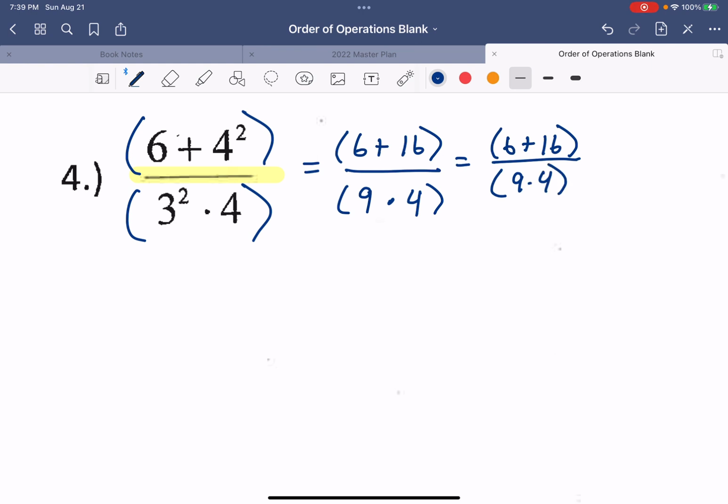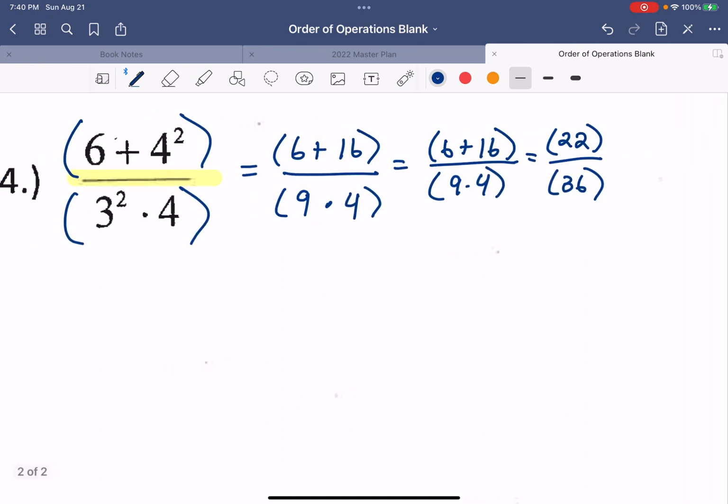We still have something going on inside the parentheses that we have to fix first. Okay, so keep remembering we have parentheses. 6 plus 16 is 22. And 9 times 4 is 36. Okay, now we can do this 22 divided by 36.